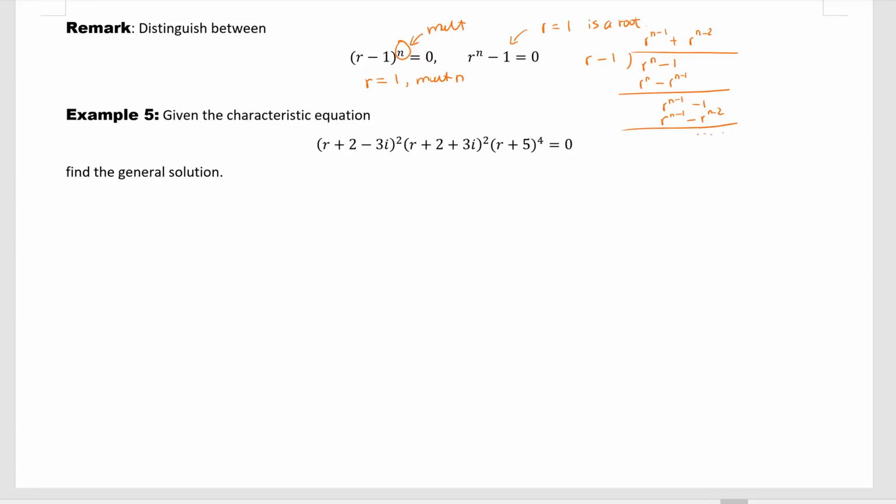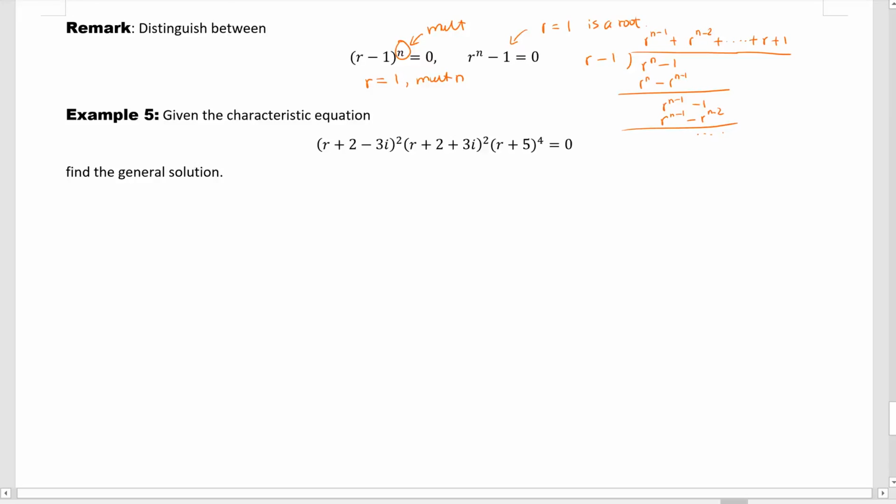So you eventually get plus r plus 1. And this is the remaining factor. So 1 is a root, but the multiplicity is only 1. And you're gonna expect there are some other complex roots.